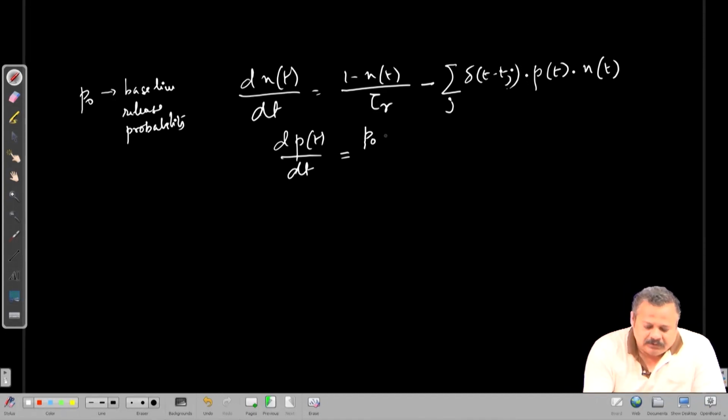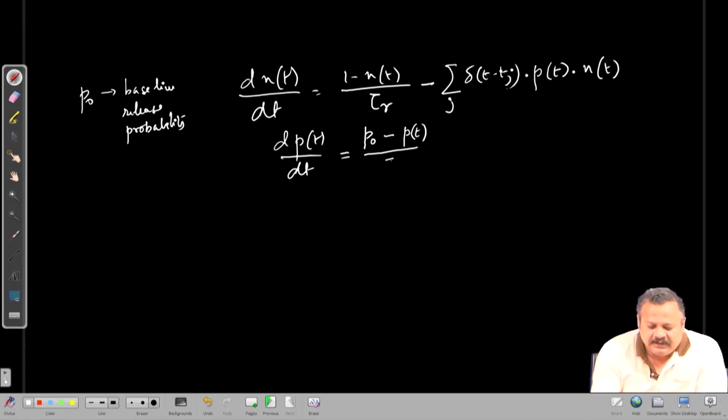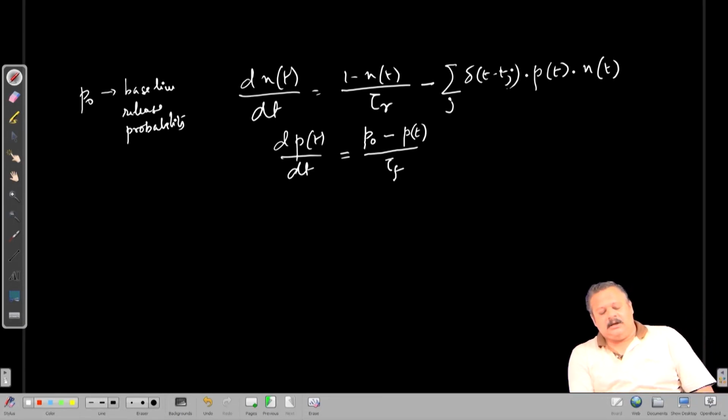And that is what the probability of release will try to reach with a facilitatory time constant, let us say tau f. This is actually the opposite of the facilitation. So, PT is trying to go down to P naught, and tau f is the time constant that is pulling the probability of release to the baseline probability of release.